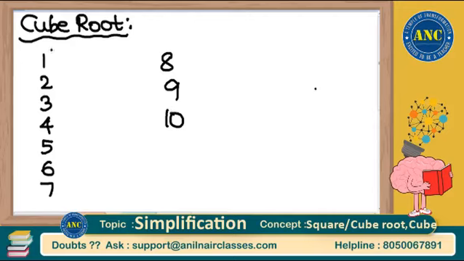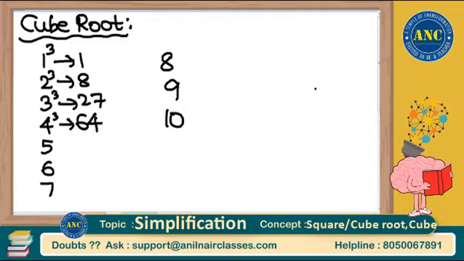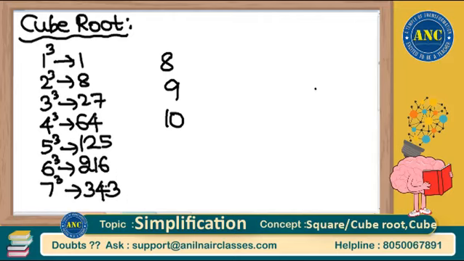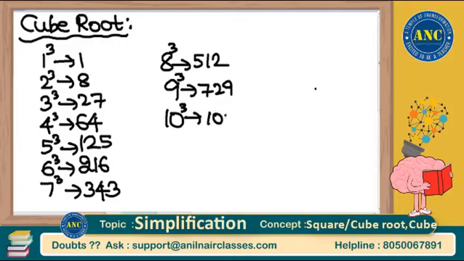If I cube all these, 1 cube is 1, 2 cube is 8, 3 cube is 27 ending with 7, 4 cube is 64 ending with 4, 5 cube is 125 ending with 5, 6 cube is 216 ending with 6, 7 cube is 343 ending with 3, 8 cube is 512 ending with 2, 9 cube is 729 ending with 9, 10 cube is 1000 ending with 0.